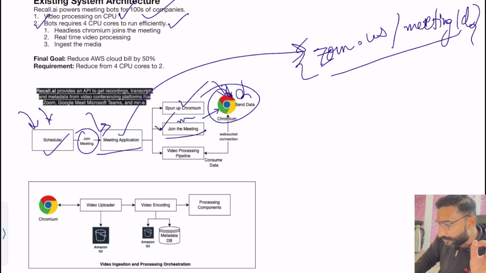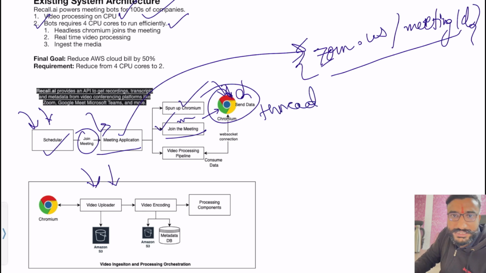This Chromium browser will establish a WebSocket connection with a video processing pipeline. So this is your video processing pipeline which I have drawn. The meeting bot running on this browser has some thread which continuously consumes the video frames and sends them to the video processing pipeline.